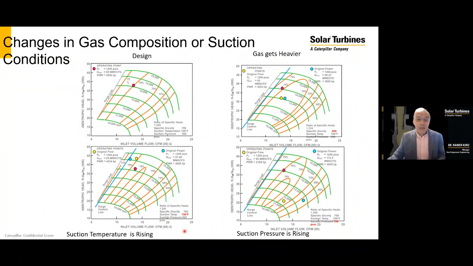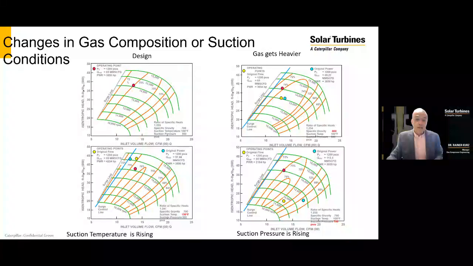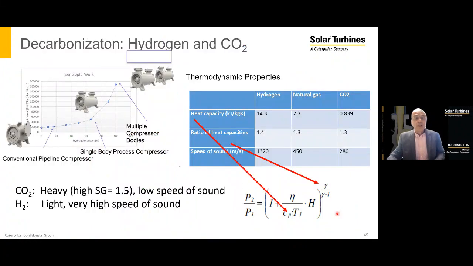Now, one of the things I talked a lot about was compression of natural gas. Once things like CO2 and hydrogen enter the field, there are a few things that we need to consider. First of all, both hydrogen and CO2 are gases.